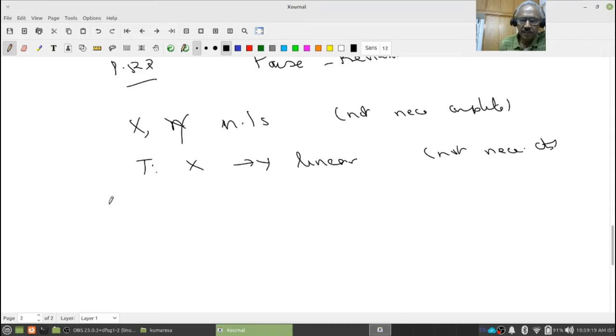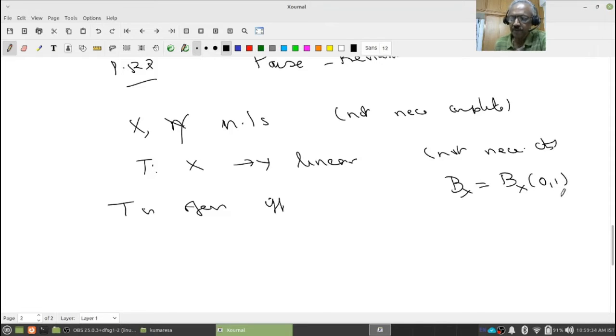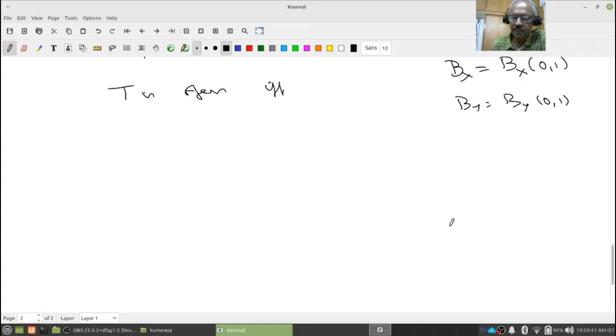Okay, then T is an open map if and only if, let me give a notation, by B_X I mean the open ball B(0,1) in X, and B_Y similarly B(0,1) in Y, if and only if there exists an epsilon positive such that epsilon times B_Y is contained in T(B_X).